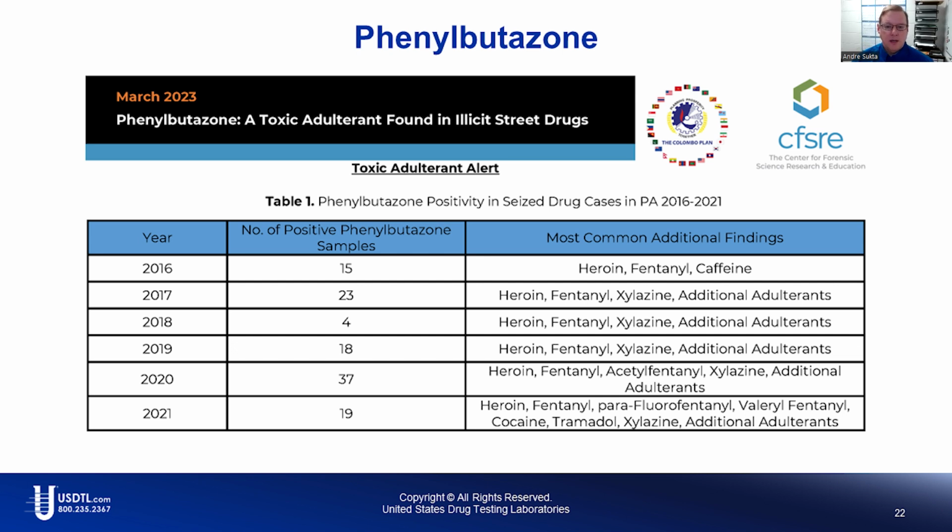They did a retrospective analysis, going back to 2016, and looked at how many cases also included phenylbutazone. The most common additional findings in these phenylbutazone positives were heroin and fentanyl, found in all of those cases, with caffeine and maybe some other adulterants, and of course xylazine.